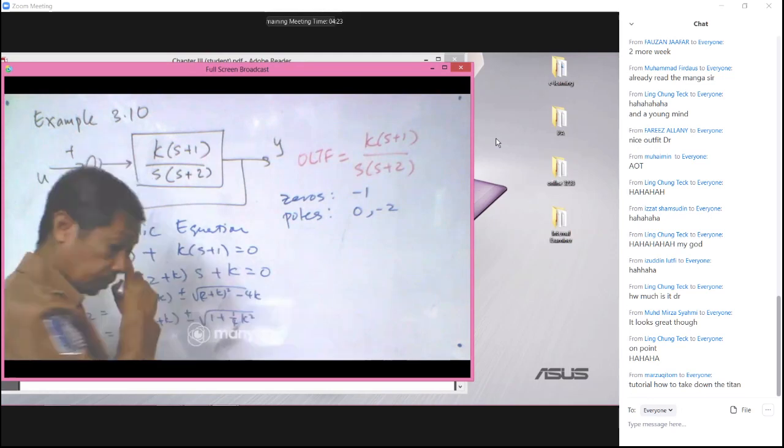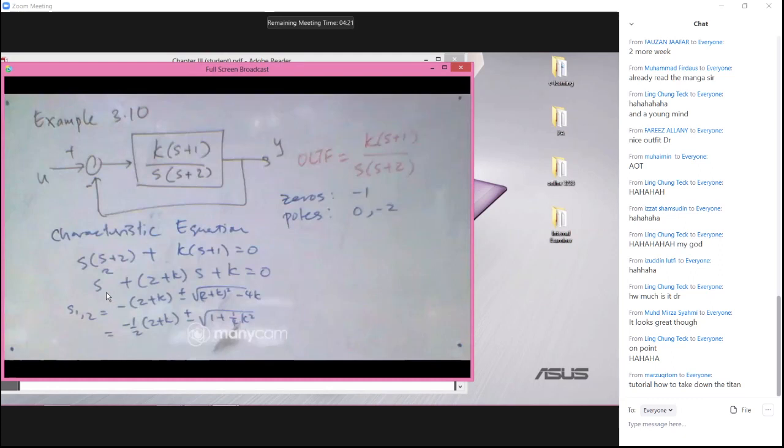Again, since this is just a quadratic equation, we can solve for s1 and s2. So we want to show that when k is equal to 0, s1 and s2 are equal to the values of the poles, which are 0 and -2.